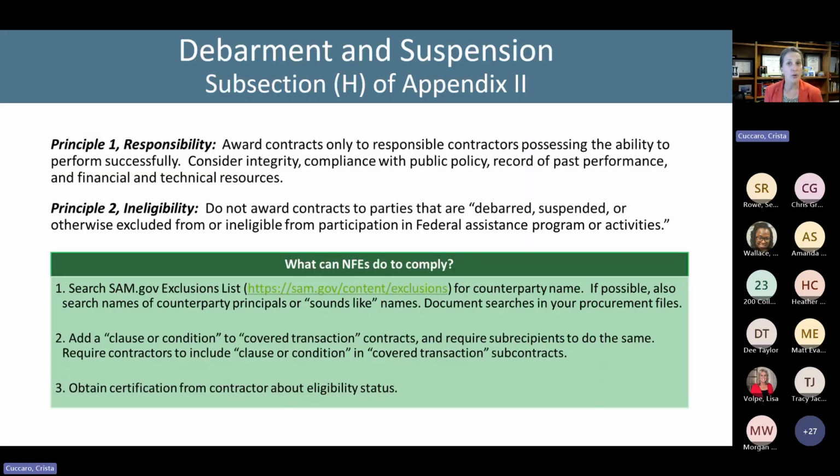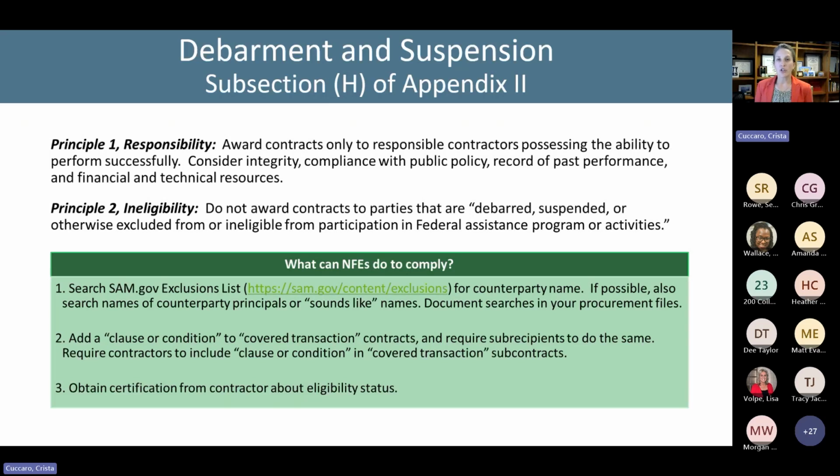You can also add a clause or condition to contracts that are covered and require subrecipients to do the same, right? So we're putting into the contract a requirement that says, you know, by entering into this contract, we're verifying that we're not debarred or suspended.